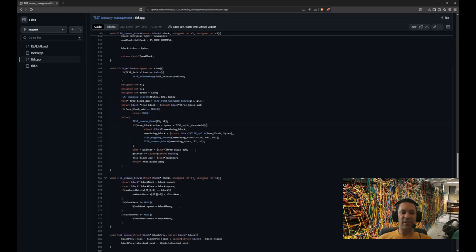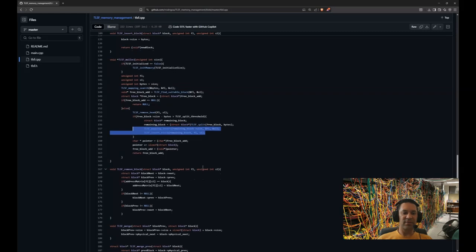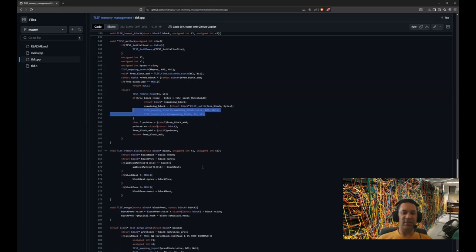That's internal fragmentation. You want to minimize that. So you split that block into a remaining block, and the remaining block gets reinserted into the control.